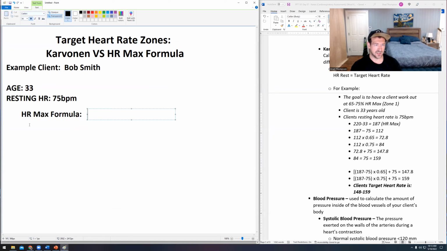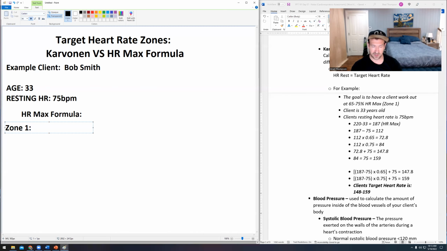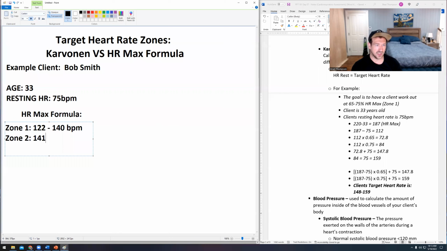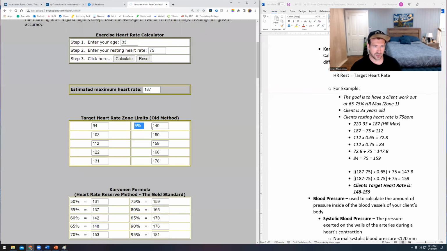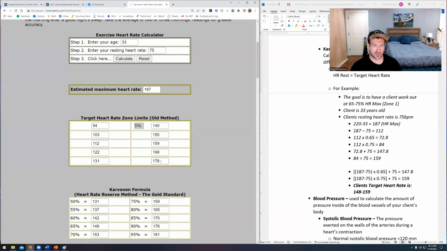Okay, so his zone 1 is going to be 122 to 140 beats per minute. His zone 2 is going to be 141 to 159 beats per minute. And his zone 3 is going to be 160 to 178 beats per minute.